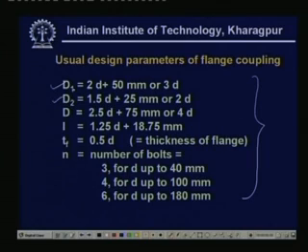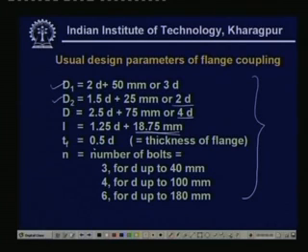D2, the hub diameter, is 1.5 times d plus 25 millimeter, or it may be twice the diameter of the shaft. Everything is mentioned in terms of the diameter of the shaft. The outer diameter is 2.5 times d plus 75 millimeter, or roughly 4d. Length, which is quite important, is about 1.25 times d plus 18.75 millimeter. You see this odd figure, but these are standards.